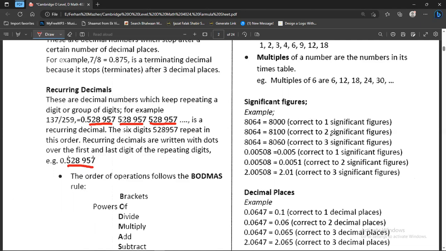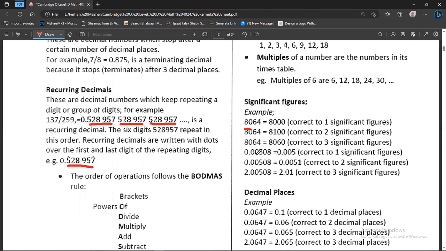If you write it into 2 significant figures, then the first 2 digits, because here you can see you have 6, so this 0 will become 1. So 8100. 8064 in 3 significant figures will be the first 3 digits, and because after it is 4, this 6 will remain as it is, so it will be 8060. This is correct to 3 significant figures.